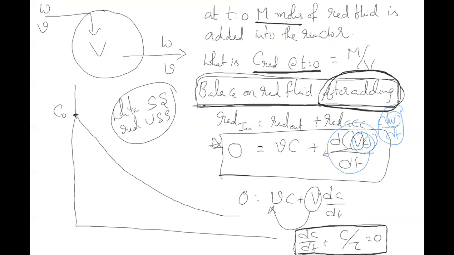What is N, moles of red fluid? How do you get moles? Volume multiplied by concentration. Red out is small vC, because the outlet volumetric flow rate is v and the outlet concentration is C. So v into C is moles per minute, which is going out. Molar flow rate is nothing but volumetric flow rate into concentration, no?